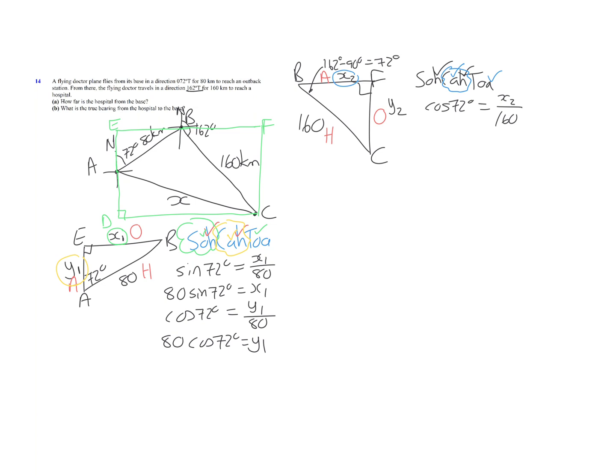Backtrack, divide by 160, by multiplying by 160. So you get 160 cos 72 degrees is x2. Now if I want to work out y2, I'll do that in green. y2, that is the opposite together with the hypotenuse.